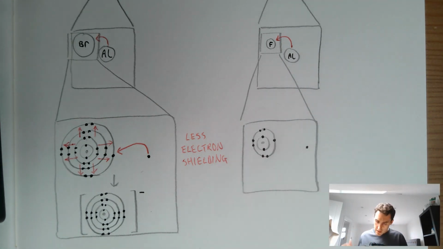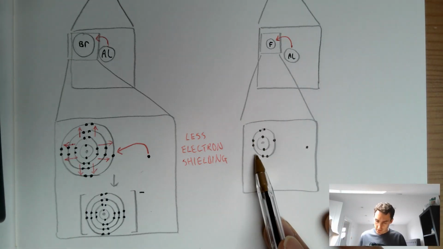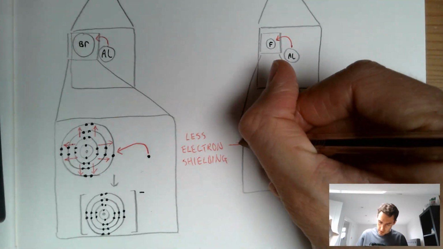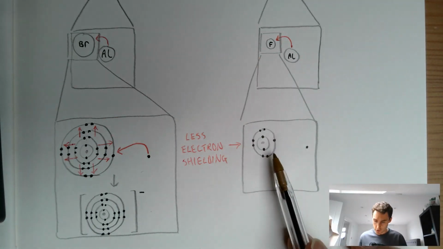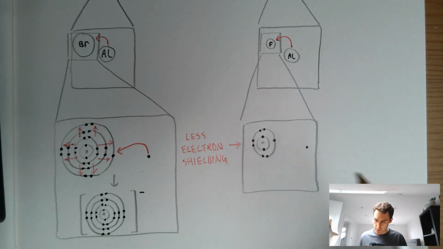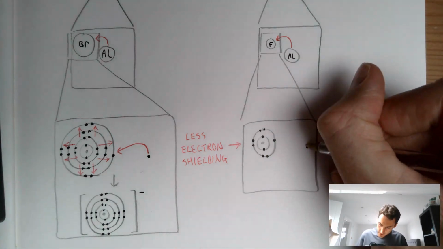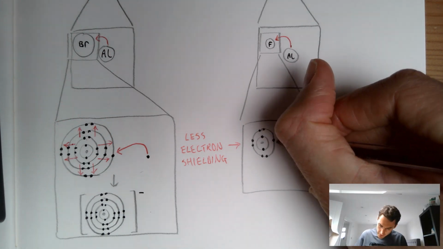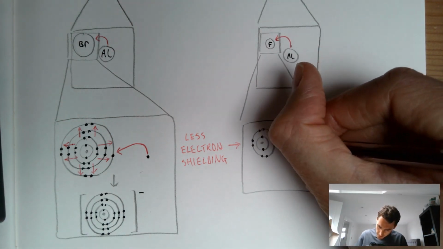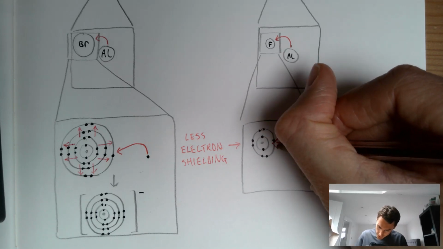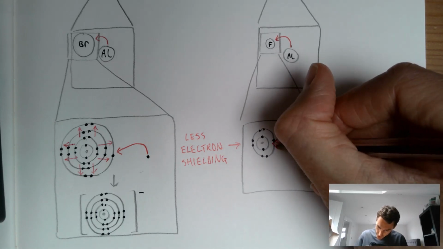And then the really important point, and again, I'm going to illustrate it like I did in the previous lesson with the thickness of the arrow: because you've got less shielding in that atom and a stronger force of attraction to the outer shell from the nucleus, there's going to be a much greater likelihood of fluorine gaining that extra electron it needs to get a full outer shell.